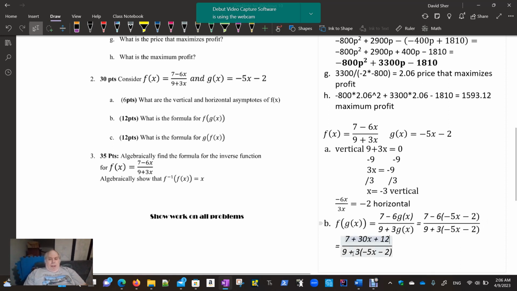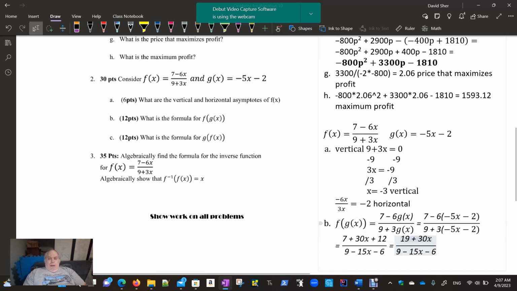And on the bottom, plus 3 times minus 5 is minus 15x, and plus 3 times minus 2 is minus 6. Now I combine the like terms on the top and the bottom. The top becomes 19 plus 30x, combining the 7 and the 12.